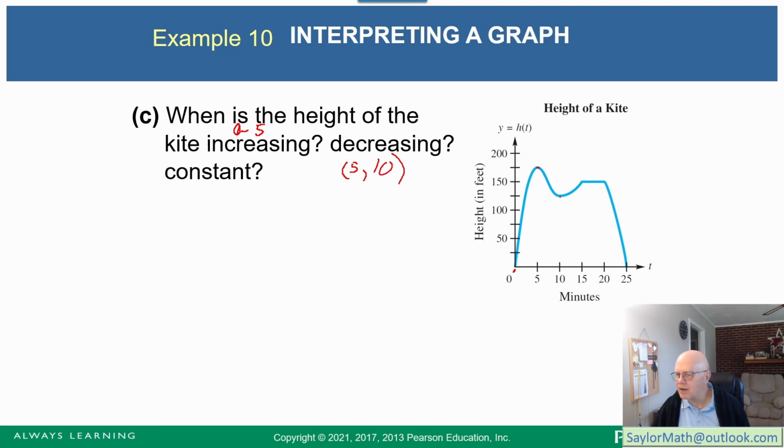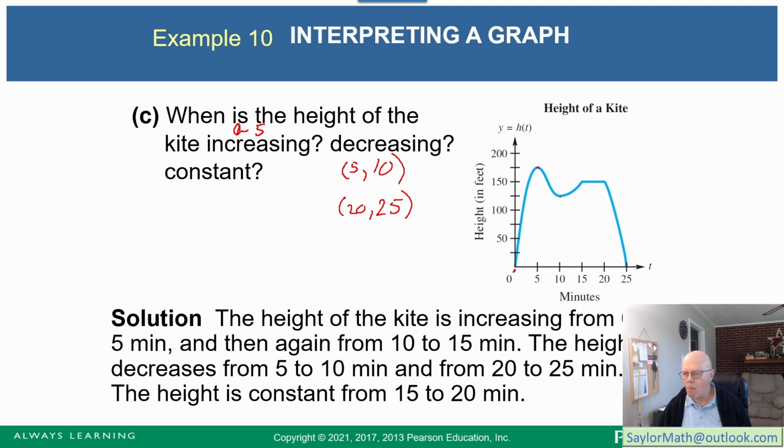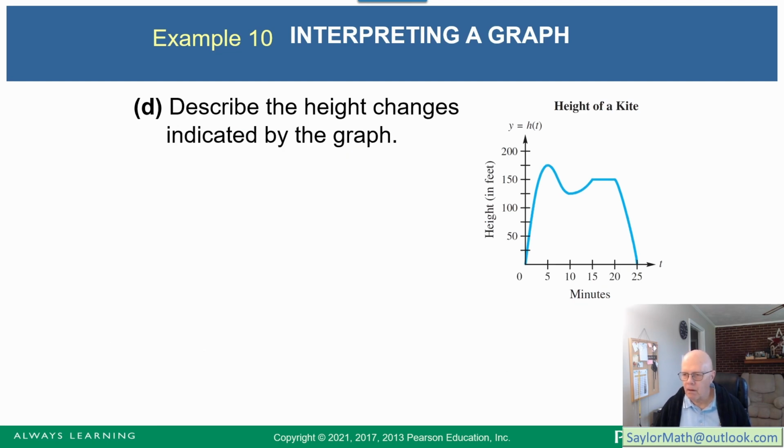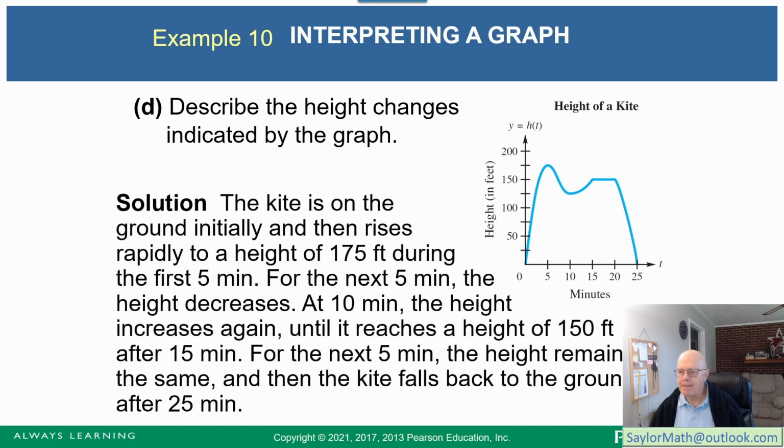It's decreasing from about 20 to 25 when it hits the ground. So describe the height changes. Well, see if you can put some words to that. You can pause and read through that.